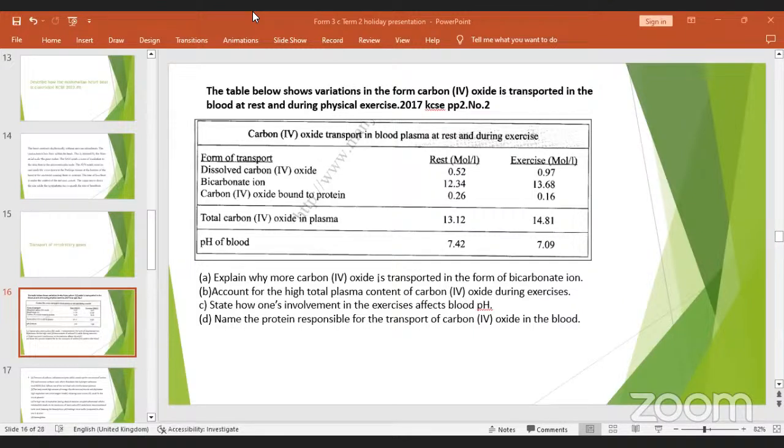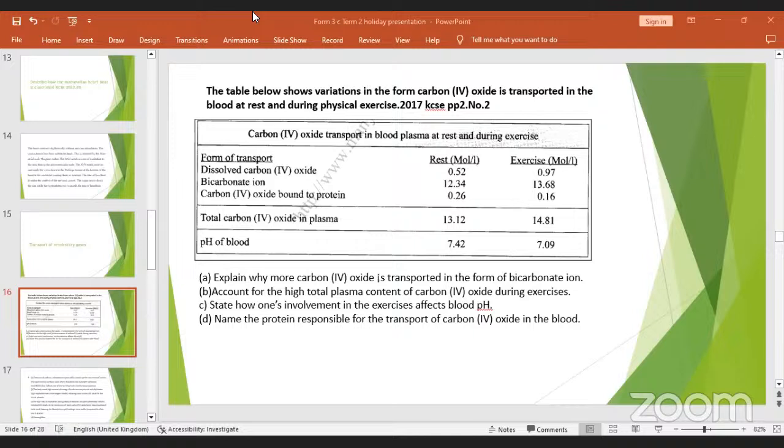Now, carbon dioxide in plasma is 13.12. You know that carbon dioxide is also transported in the plasma, in the form of weak carbonic acid. Then carbon dioxide during exercise is 14.81. Now the pH at rest is 7.42.